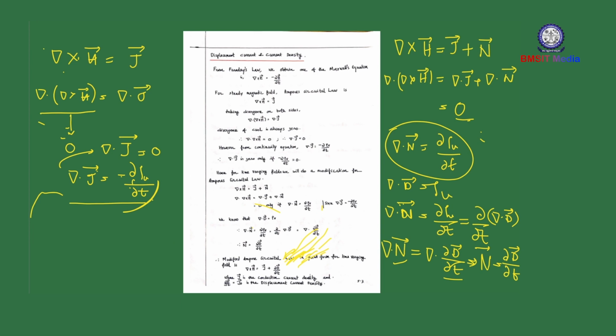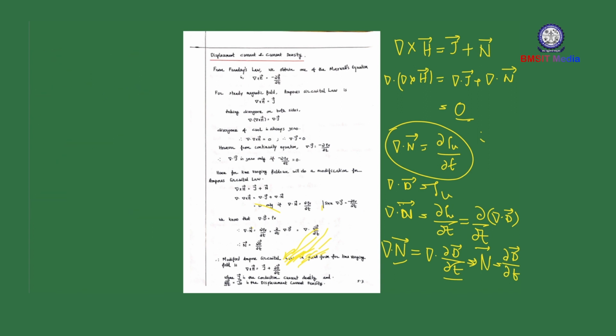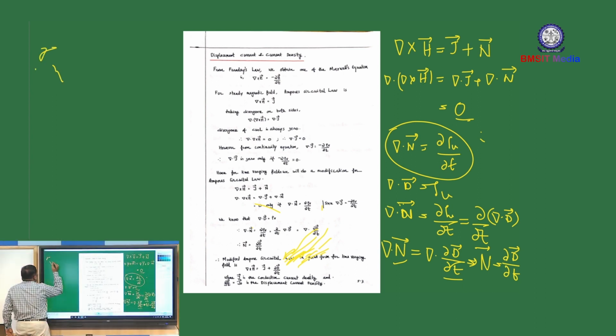Let us consider now the equation here. What is the equation we have? This is the equation. Now we can consider del cross H is equal to J plus n, that is what we have considered. If you see there, J plus n.